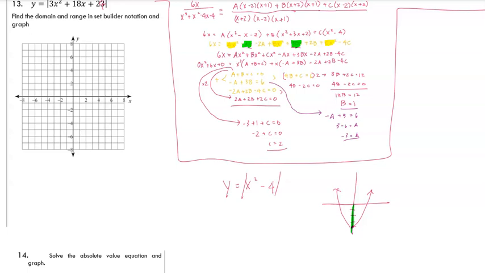In fact, it's going to be turned into positives. So once I figure out my x-intercepts, which is x equals plus or minus 2, all of the stuff that happens below is just going to get reflected over the x-axis. So instead of a negative 4, it's going to be a positive 4. And that's what my function is going to look like. That's all an absolute value quadratic function is.